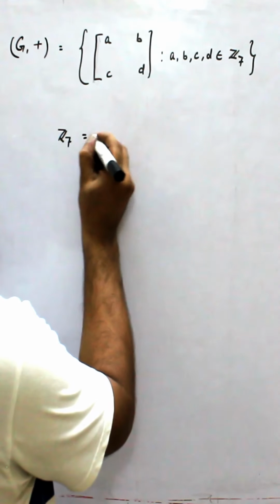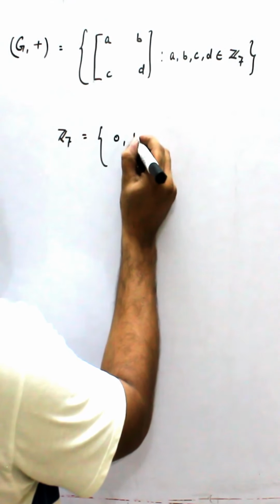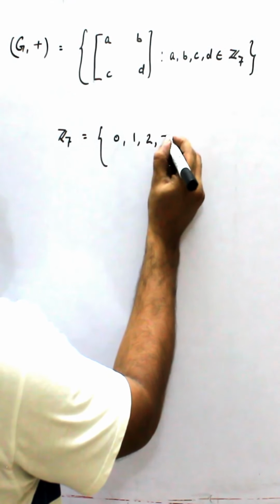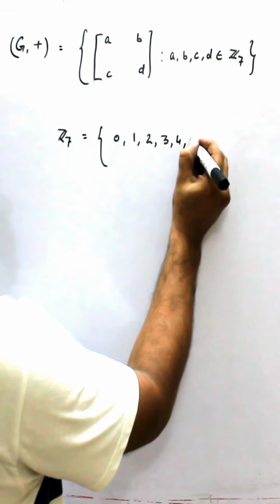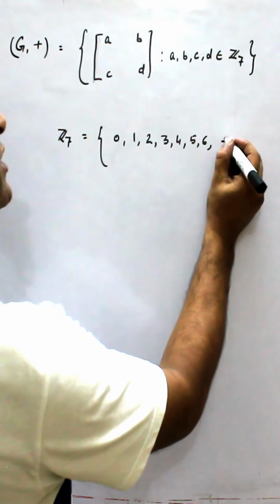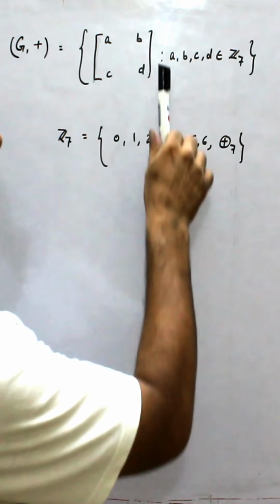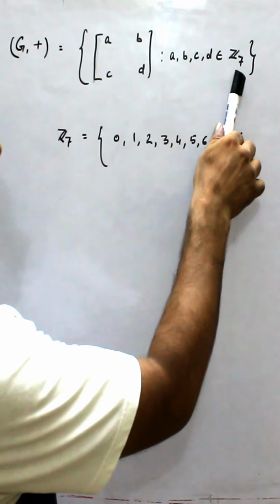Z7 is the set which contains 0, 1, 2, 3, 4, 5, 6, and the binary operation is addition. So the domain for A, B, C, D is Z7.